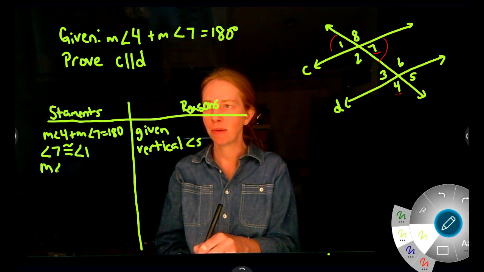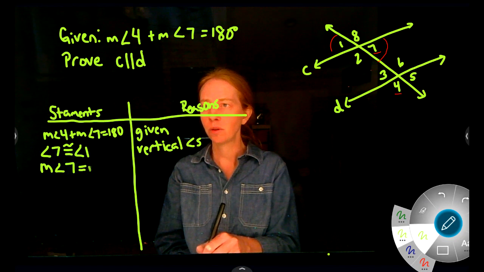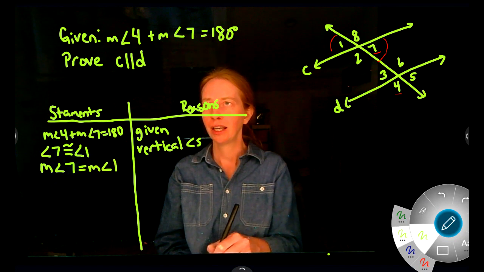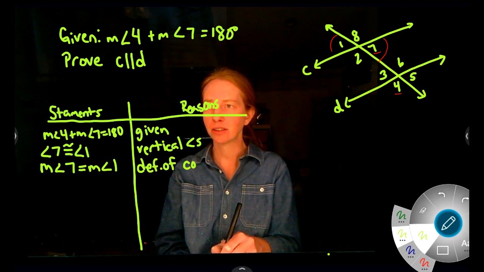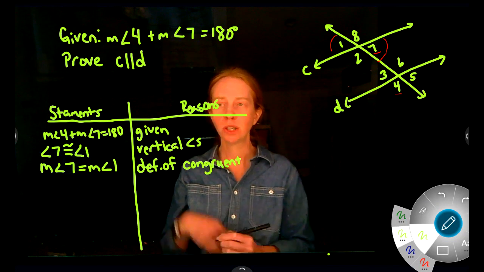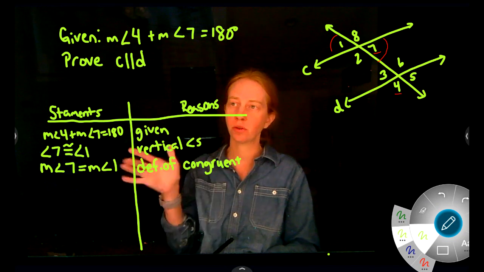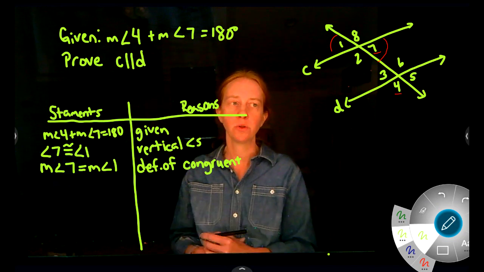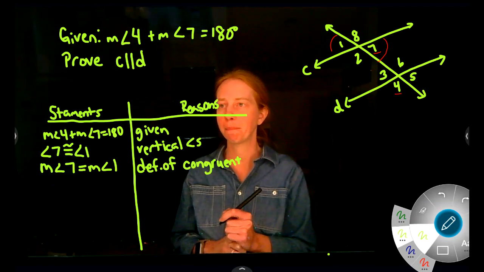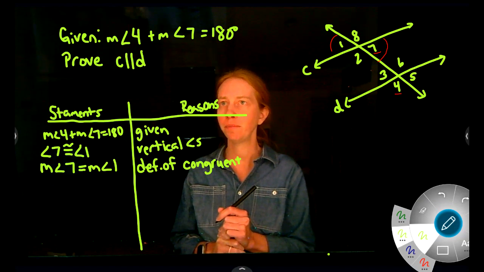So I'm going to say the measure of angle 7 equals the measure of angle 1. And I'm saying that because of the definition of congruence. We did that during the last unit. If we change from an equal sign to a congruent sign, or we change from a congruent sign to an equal sign, we're using the definition of congruence.